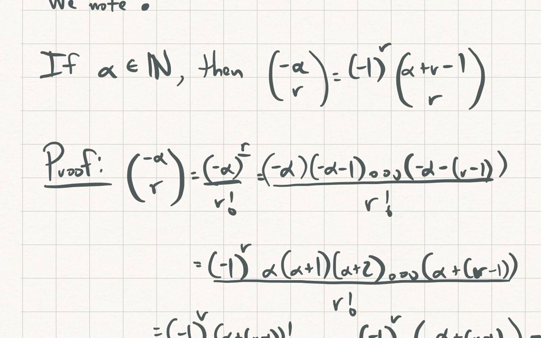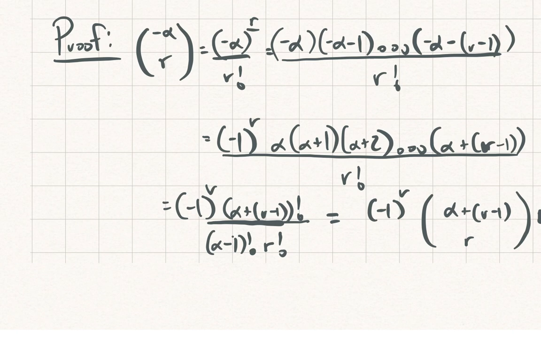That is indeed alpha plus r minus 1 factorial, except we don't have the last alpha minus 1 term. So we can divide by alpha minus 1, and then we have this r factorial here. But this is the same expression as alpha plus r minus 1 choose r.